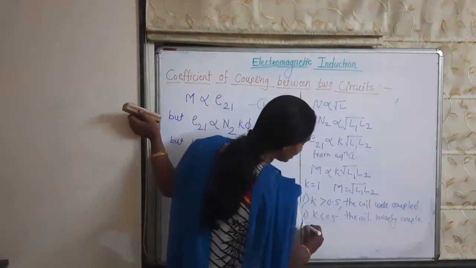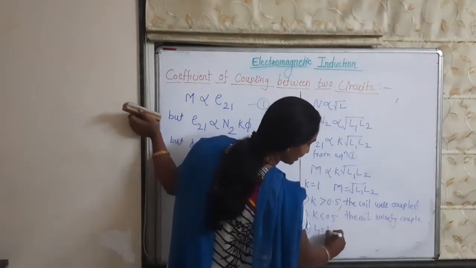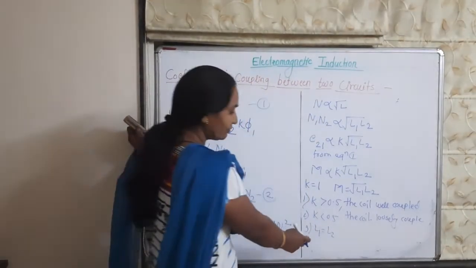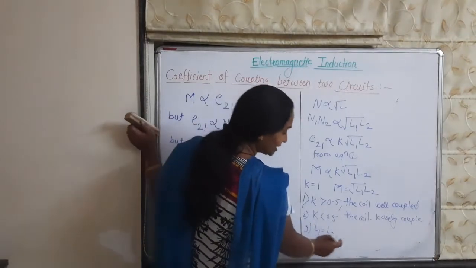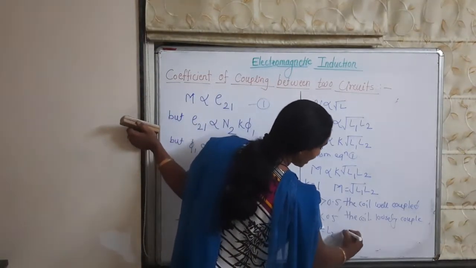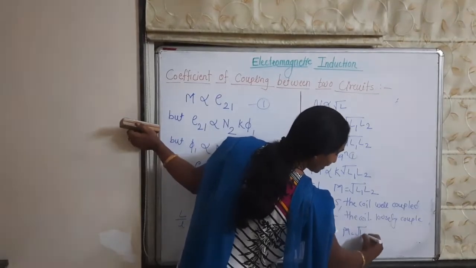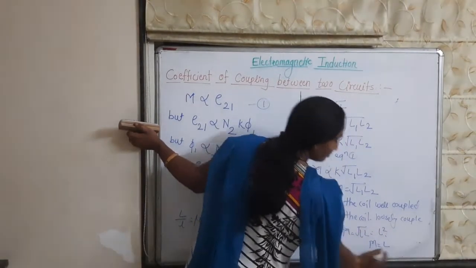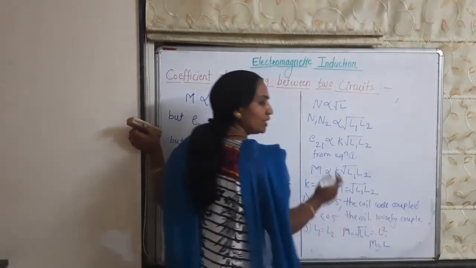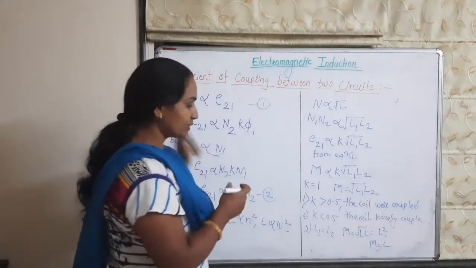And the third condition is if L1 equals L2, the self-inductances are equal, so M is equal to the square root of L times L, which is L square root, so M equals L. The mutual inductance is equal to the self-inductance, meaning both are equal.